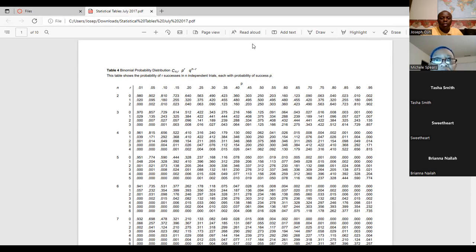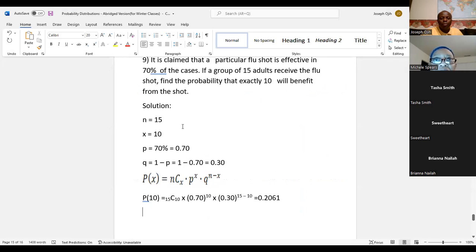In the question that we did, if you're using this table, you only need the p, n, and x. You don't need the q. So our n is 15, right? Our x is 10 and our p is 0.7, right?